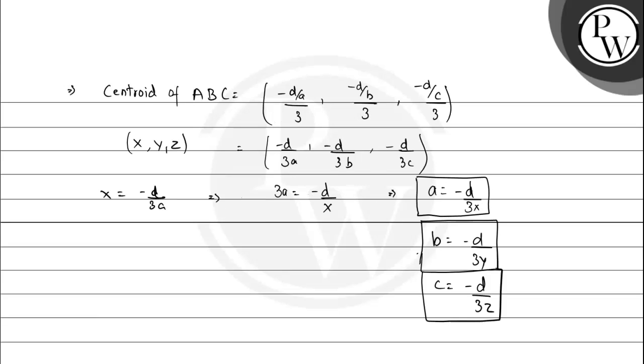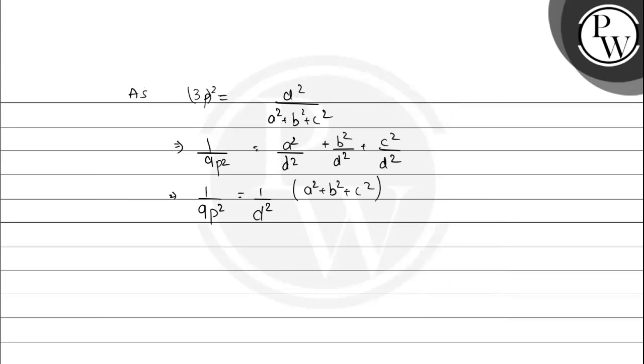And we already have our values of a, b, c, which are minus d upon 3x, minus d upon 3y, and minus d upon 3z.